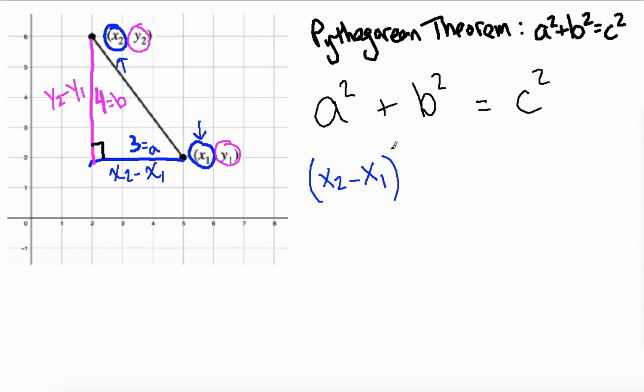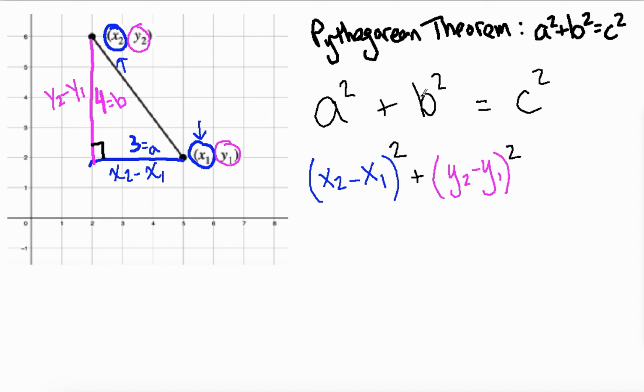Okay? And then I still square this because it's based on the Pythagorean theorem. I add it to the b, which is y2 minus y1, and I still square this.